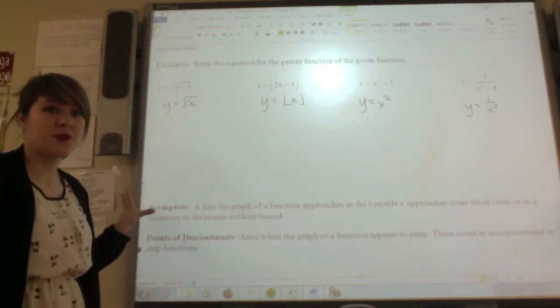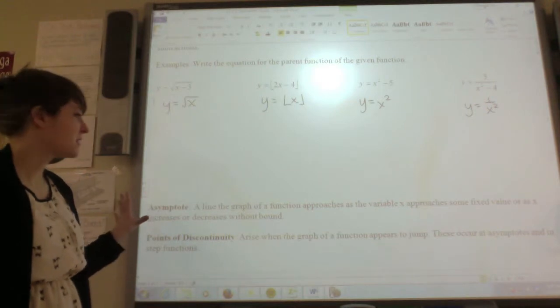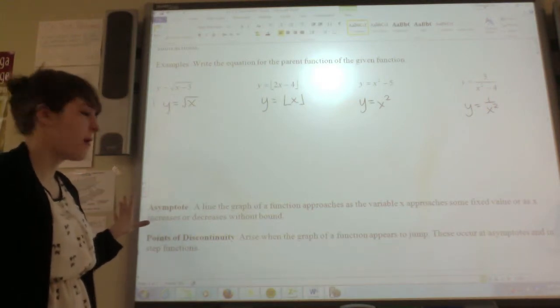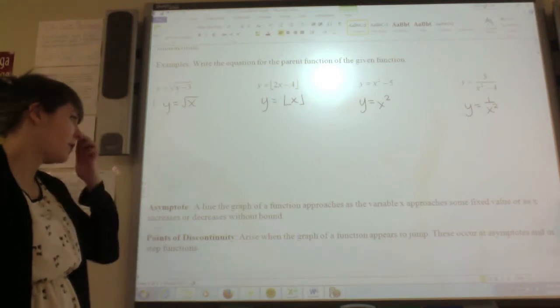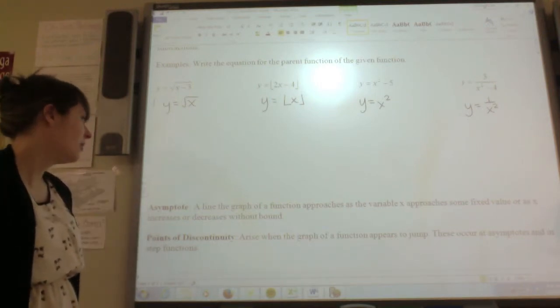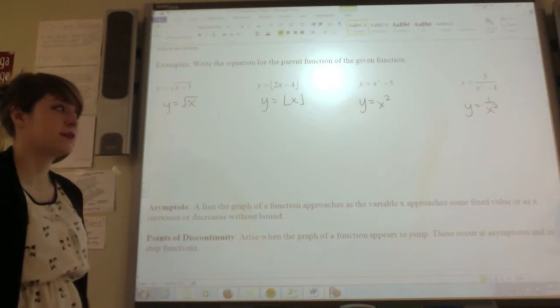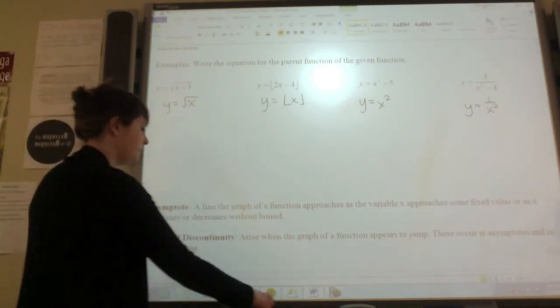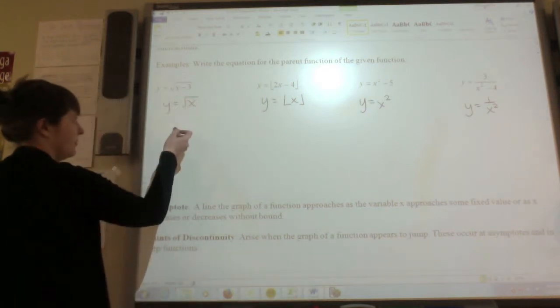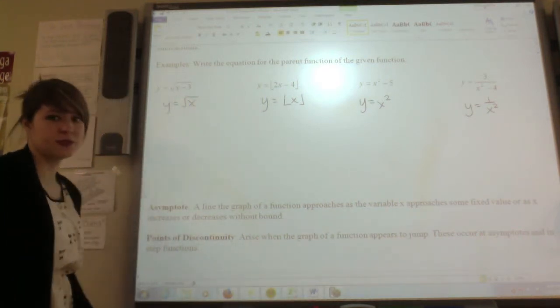Remember that an asymptote, I know we've talked about this a lot in this class, and we're going to continue to talk about it, is a line that the graph of a function approaches as the variable x approaches some fixed value, or as x increases or decreases without bound. So in other words, if you're graphing your function, let's just say I'm graphing y equals the square root of x.